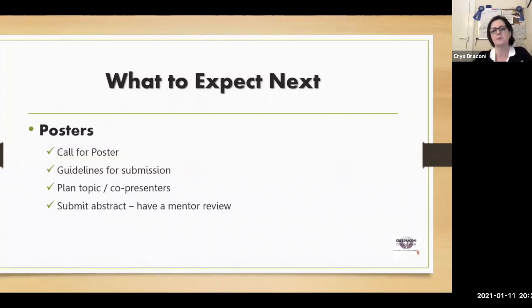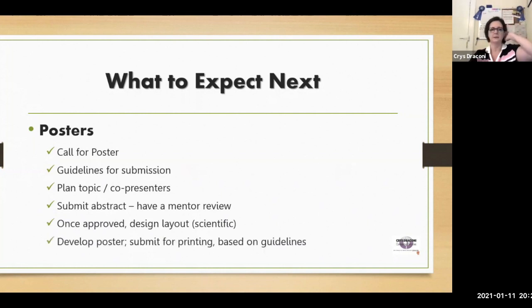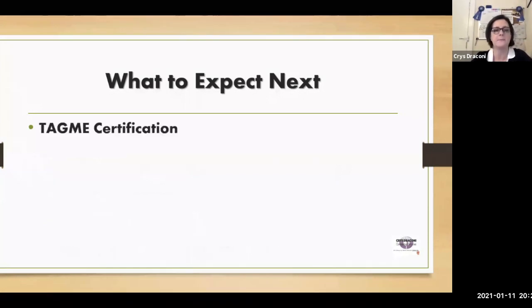For one thing, it doesn't put a lot of strain on that one mentor who's already doing their own job anyway, but it also helps you get specialized opinions and feedback from several different sources, and learn from several different ways people do things. Once approved, you're going to design the layout, which is usually scientific and based on the guidelines. Then you develop your poster, submit for printing based on guidelines, and then you present it.